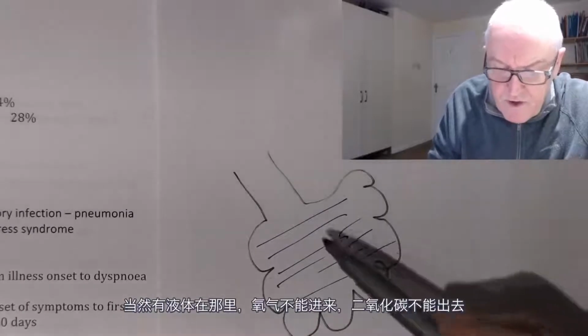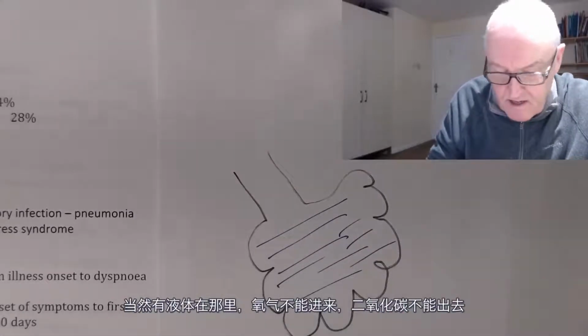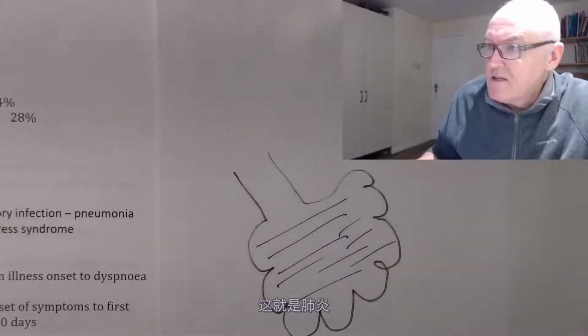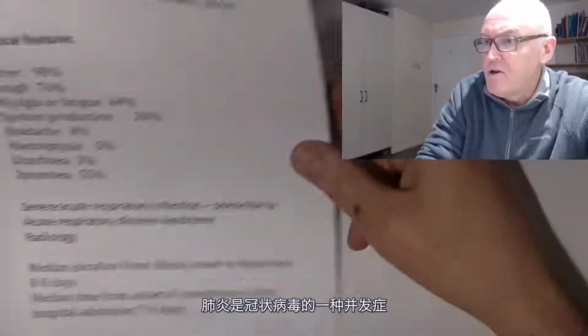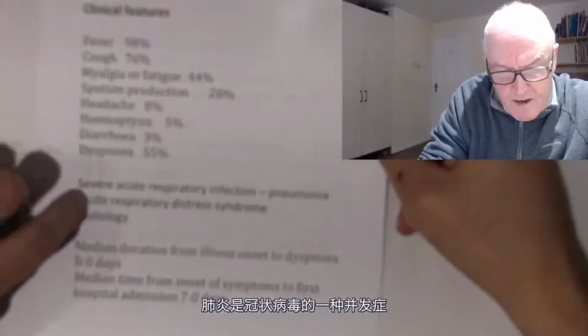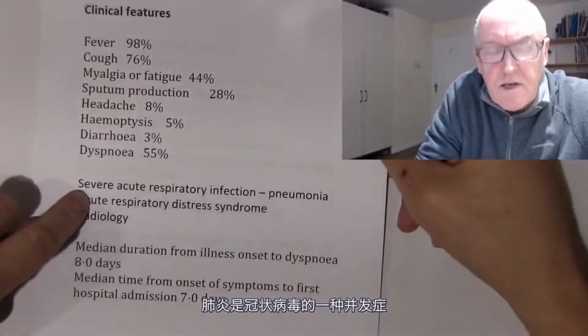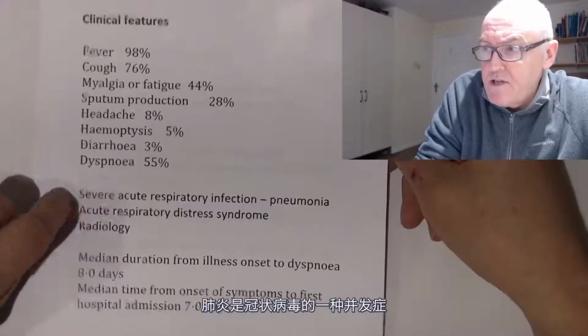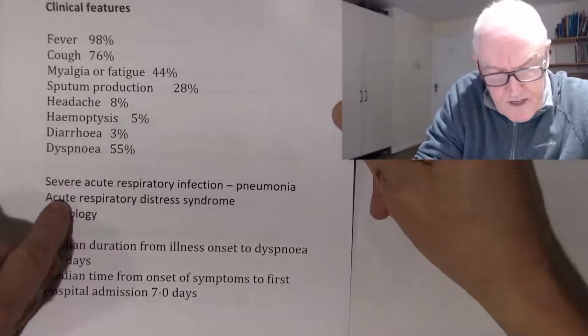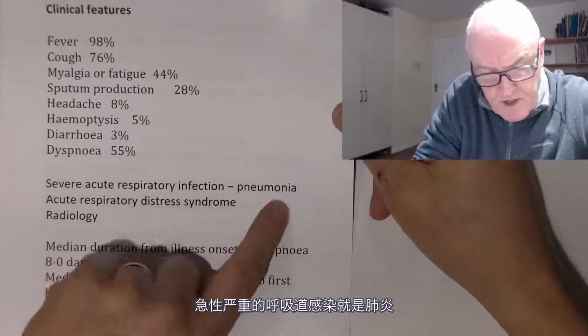And of course, if there's fluid in there, the oxygen can't get in, the carbon dioxide can't get out. So that's pneumonia. So pneumonia is a complication of novel coronavirus. As with the other coronaviruses, that pneumonia is a complication. Severe acute respiratory infection, which is pneumonia.